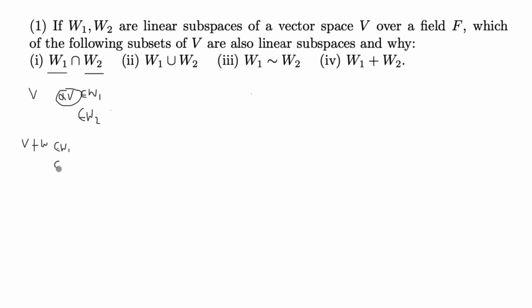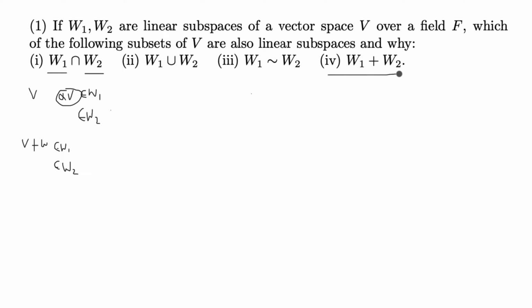Therefore, their sum, since W2 is closed under vector addition, is inside W2. But it's in W1 and W2, therefore it's in the intersection. So since we have the zero vector, closure under scalar multiplication and closure under vector addition, this is a linear subspace.